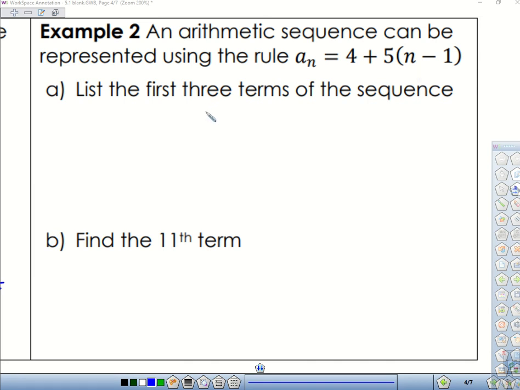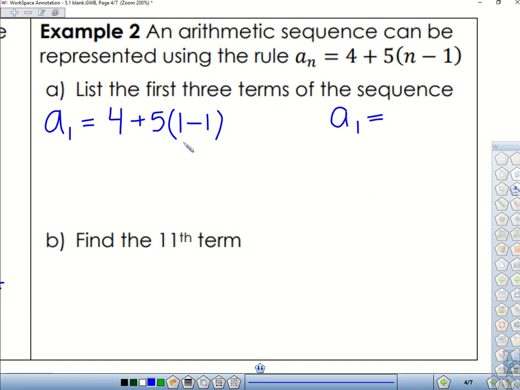It says find the first 3 terms of the sequence. So what am I plugging in for n for the first one? Yeah, 1. If you want to find the first term, you're going to plug 1 in for n. And we're going to find the first term, which is known as a1.